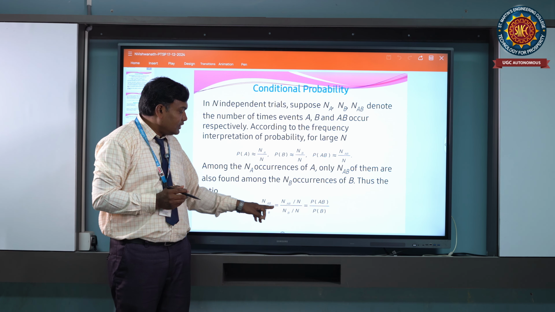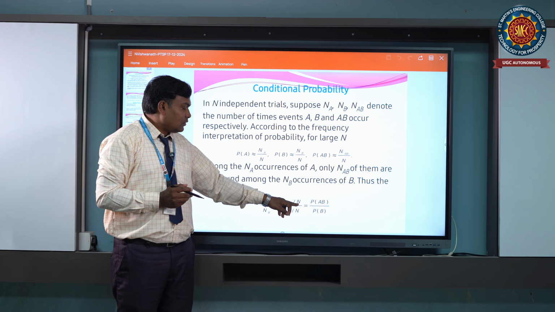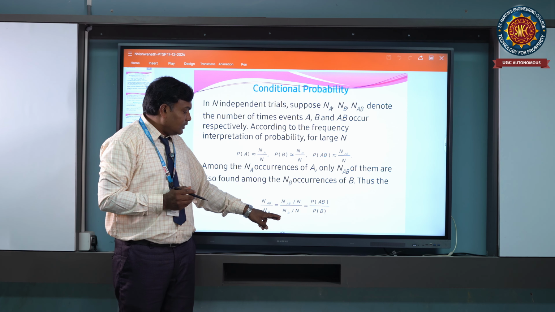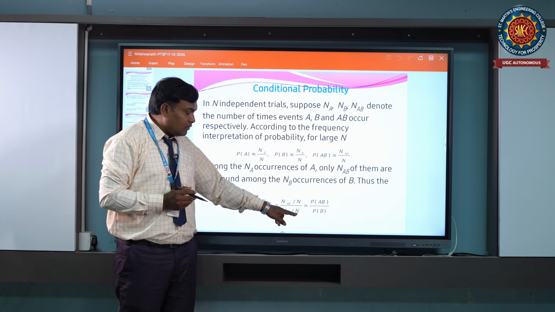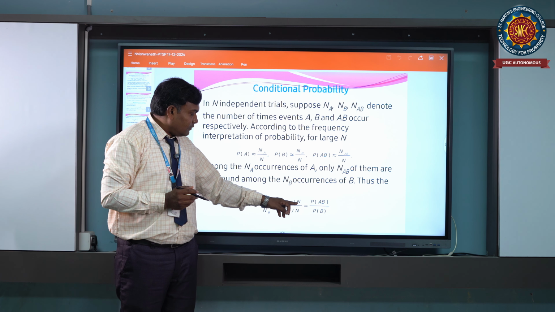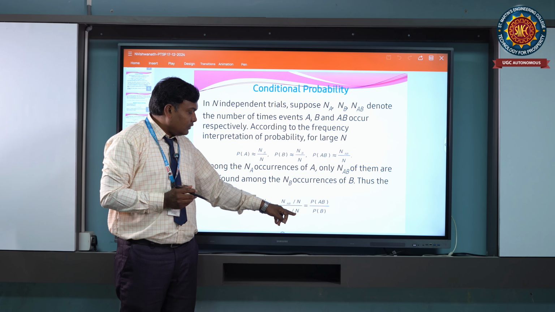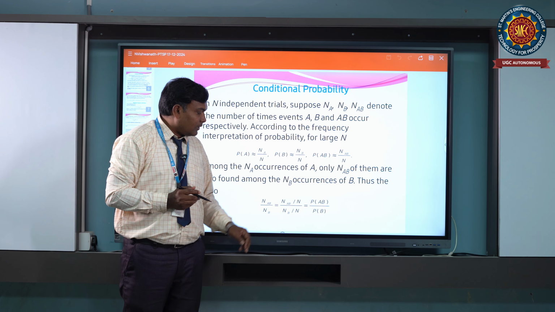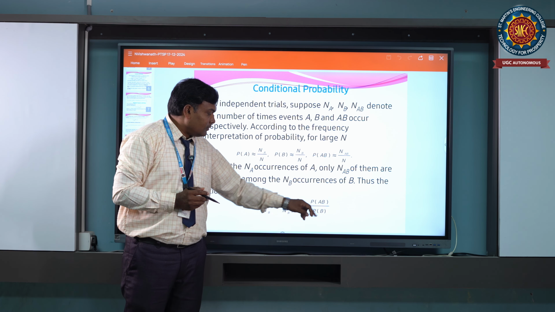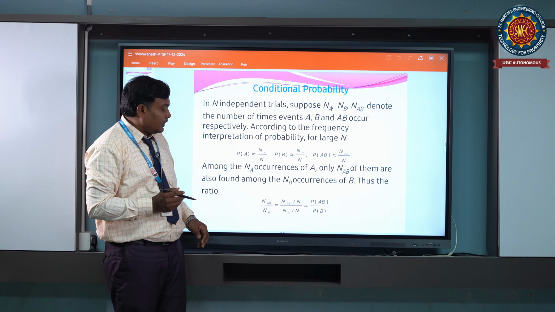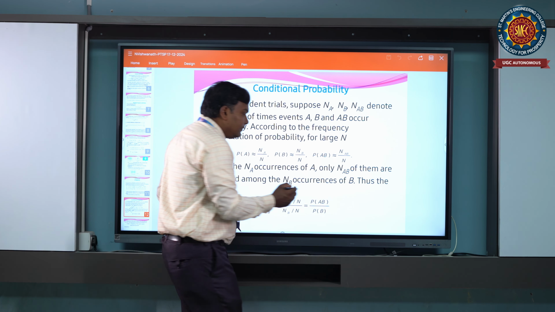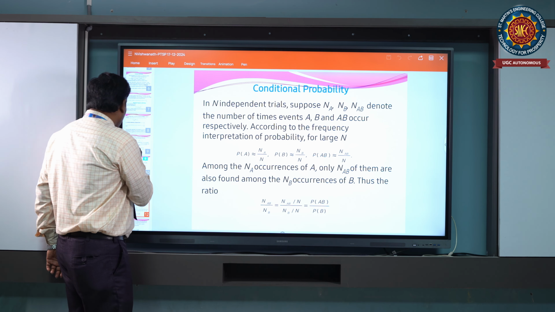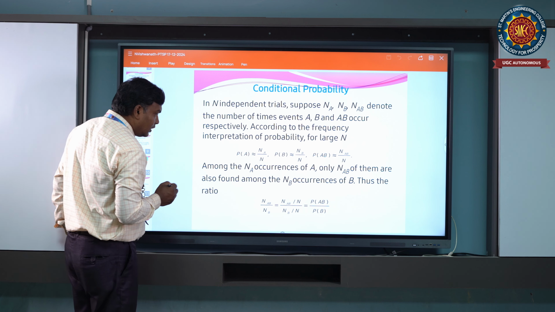Here NAB is divided by the total number of outcomes N, and NB likewise. The capital N in numerator and denominator cancel, giving probability of AB by probability of B, where probability of B is not equal to 0.